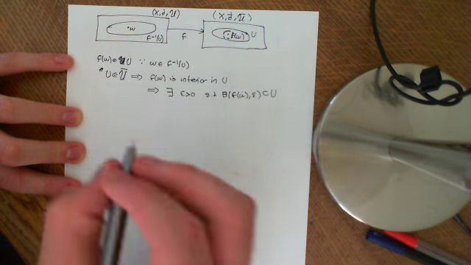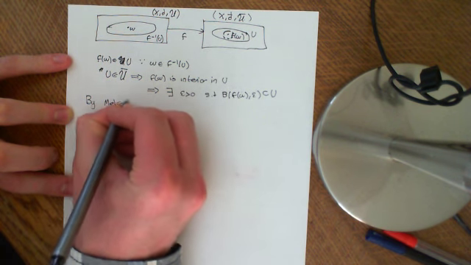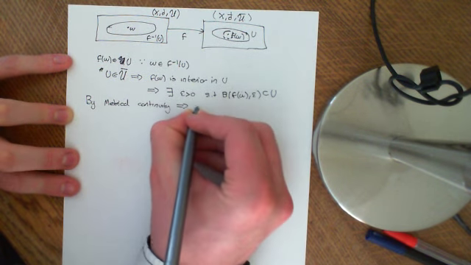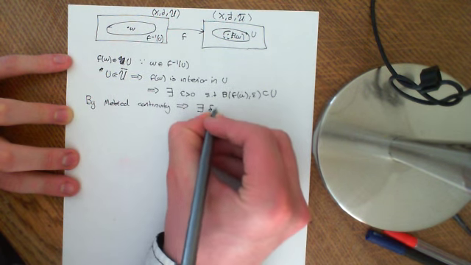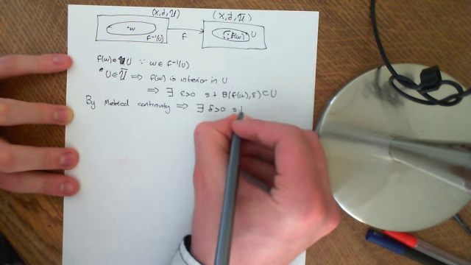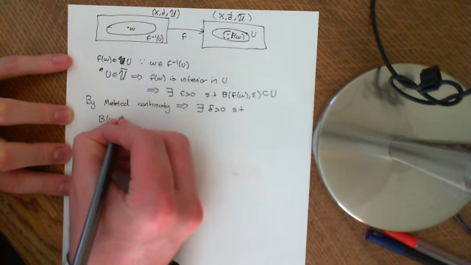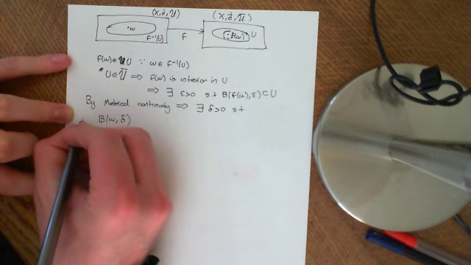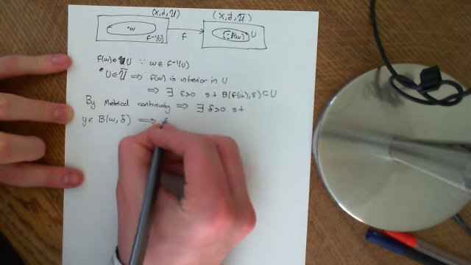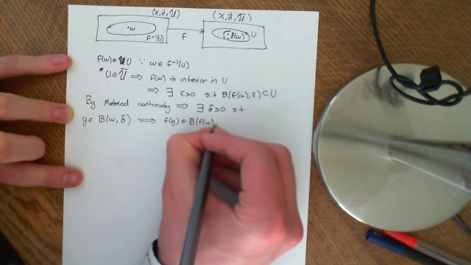Now we apply continuity. By metrical continuity, this implies that there exists a delta greater than 0 such that the ball around W of size delta, basically if you take any little element y, which is an element of that ball, F of y must be an element of this ball centered around F of W of size epsilon.